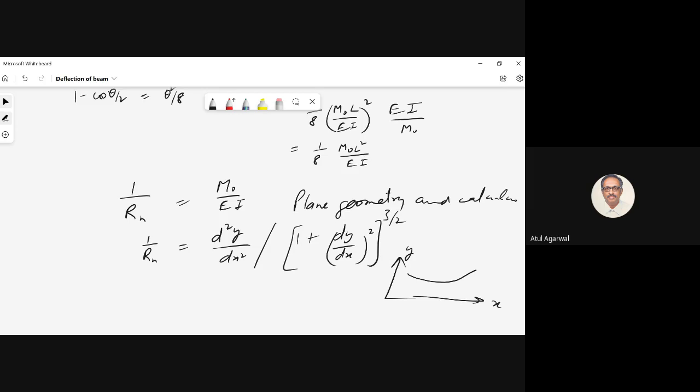Now what is happening in bending is this rotation is of a small value. It is much smaller than 1, so you can replace the denominator by 1. So 1 by Rn is equal to d square y by dx square. R is basically the radius of curvature of the neutral surface.